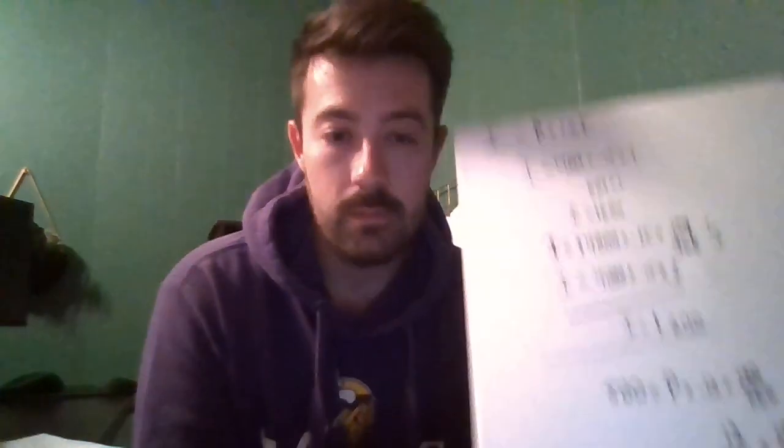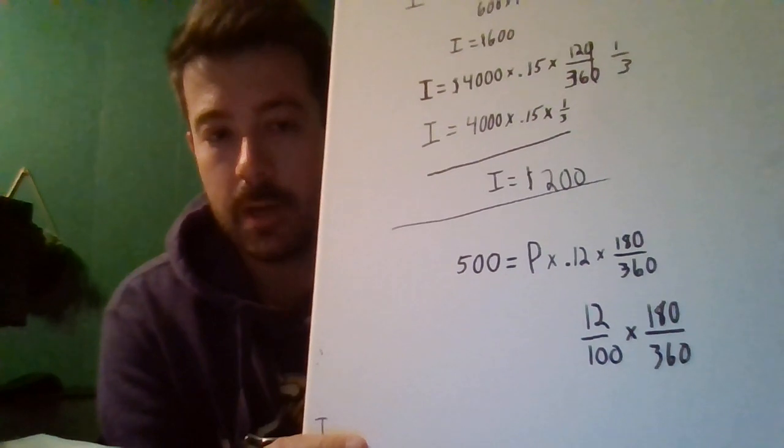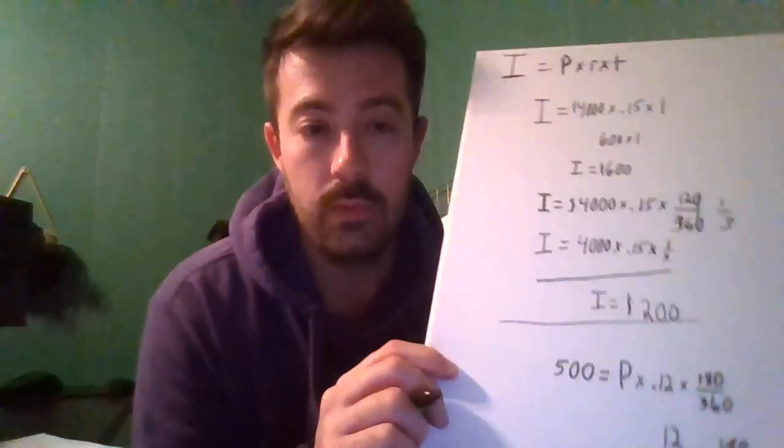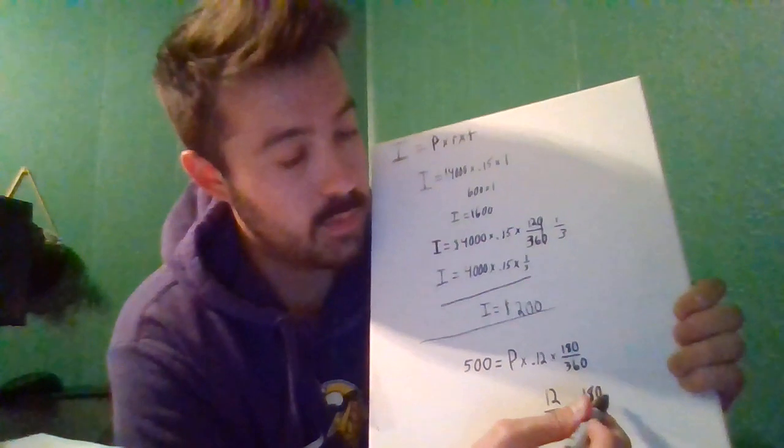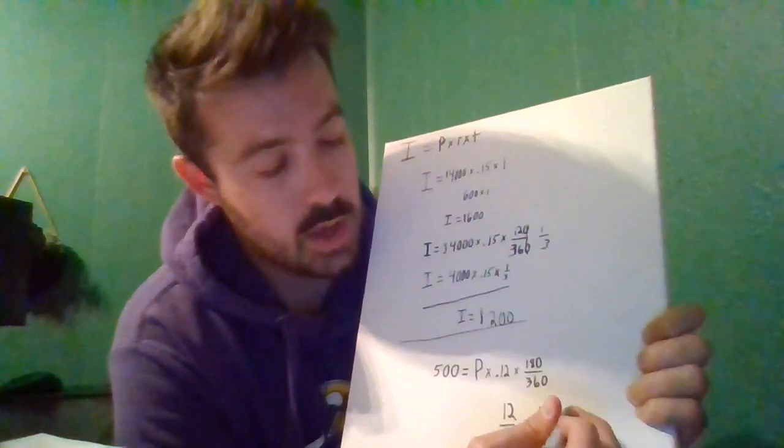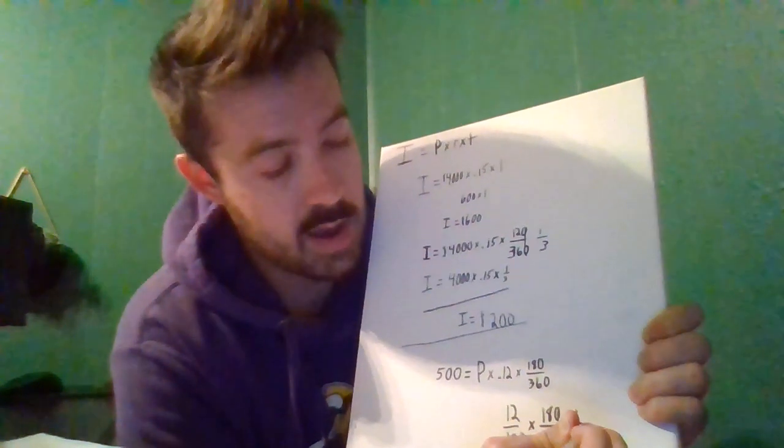And we'll take that times the 180 over 360, as you can see here. So we will reduce this 180 over 360 into its simpler form. We will simply mark out these zeros, and that equals out to 1/2.